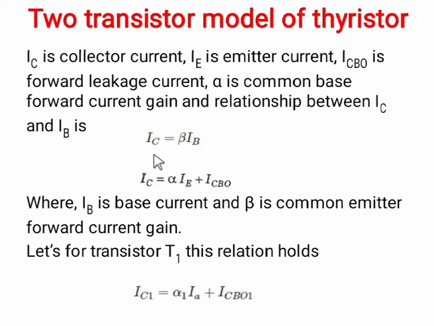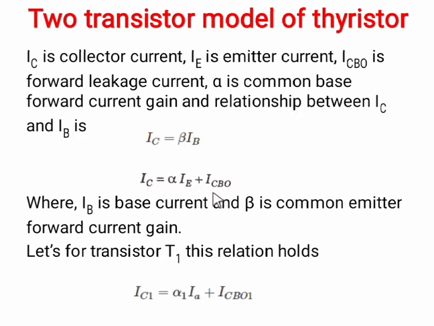That means the collector current is equal to the base current multiplied by beta, the common emitter forward current gain. In general, this is the common equation for the transistor: the collector current IC equals alpha IE plus ICBO.